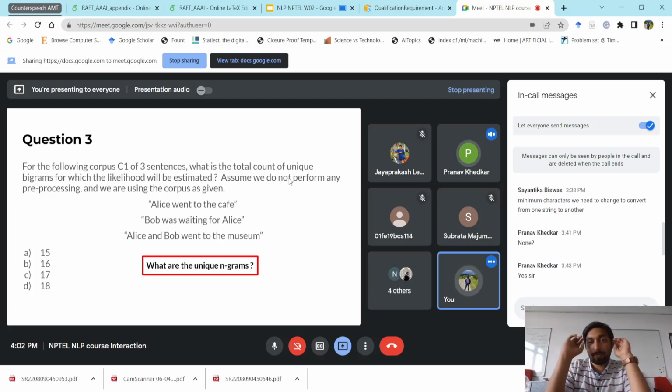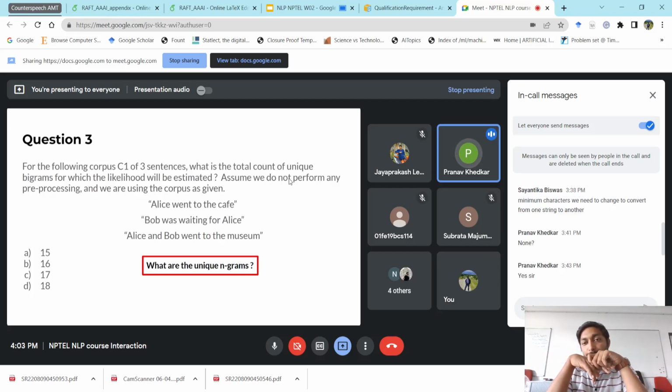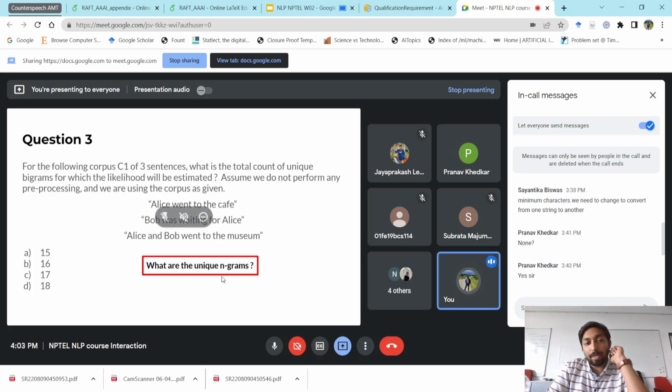So n-grams will be the n number of consecutive words that we take. And unique, that does not repeat in the entire thing. So you have to first find the n-grams here, and then apply a unique function to get the unique n-grams. So you have to create a set out of it.